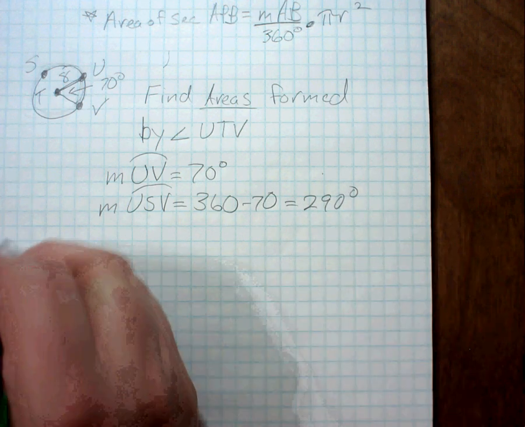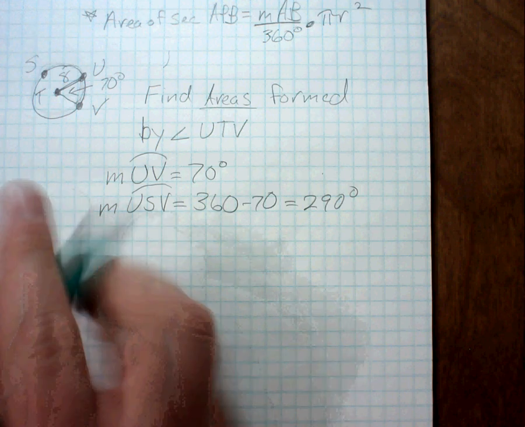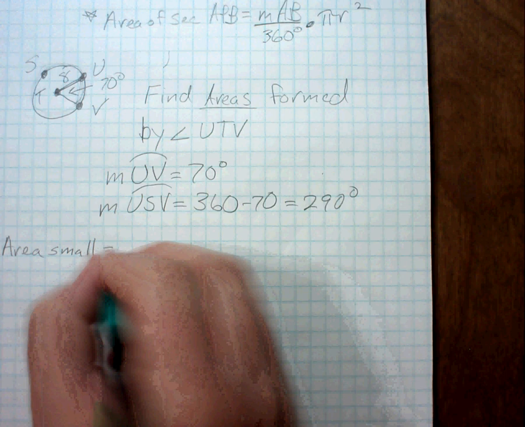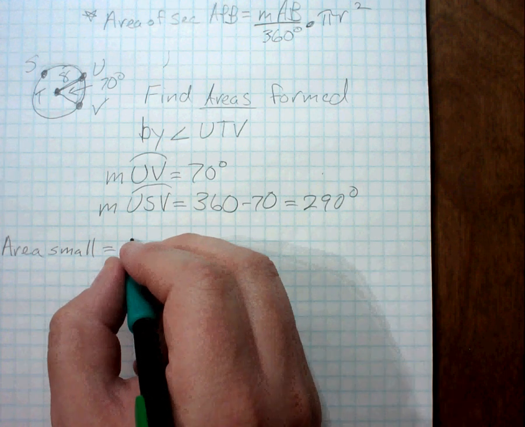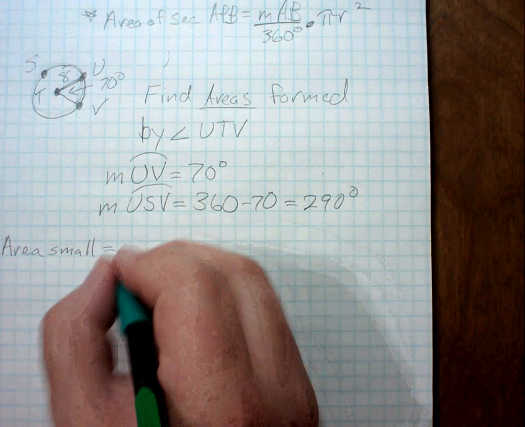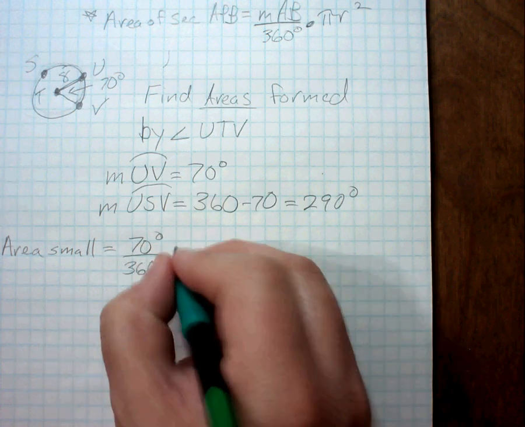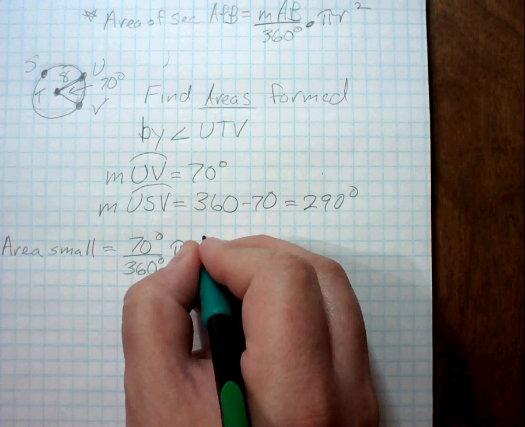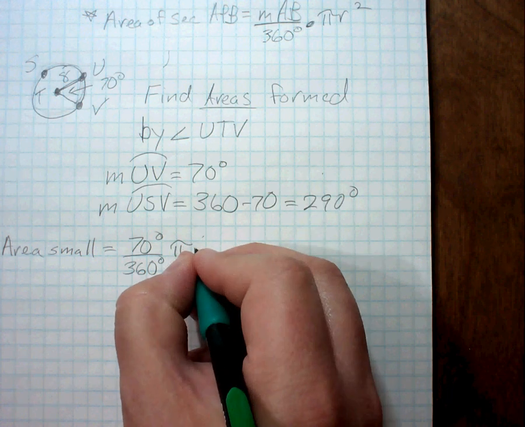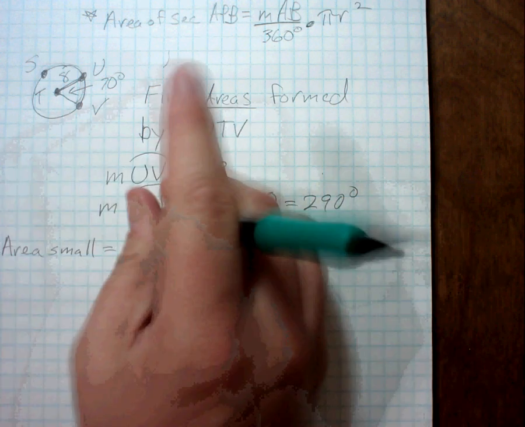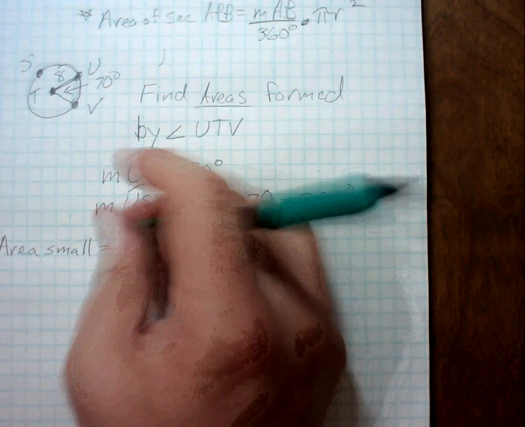So if I wanted to find the area of the small sector, that's just going to be 70 degrees over 360 times pi r squared. Actually, let me write the formula in, since this is the example.